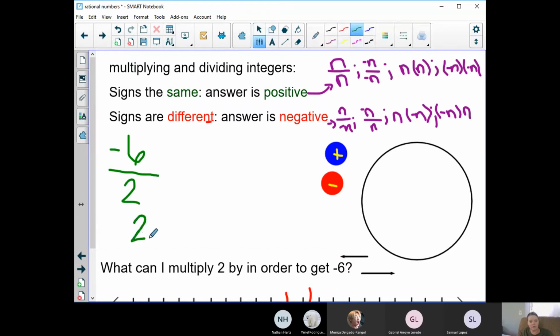So 2 times some number equals -6. So what can we multiply 2 by in order to get -6?